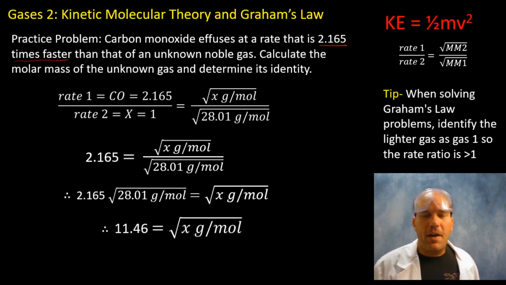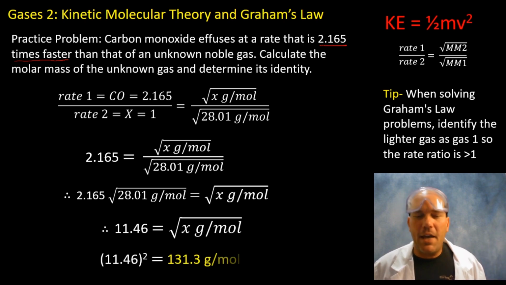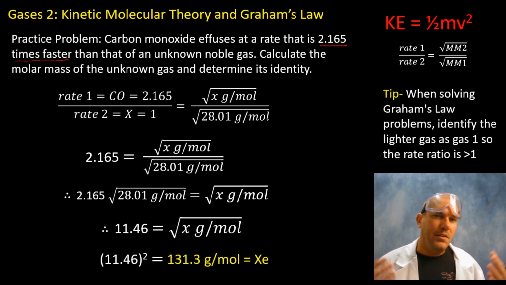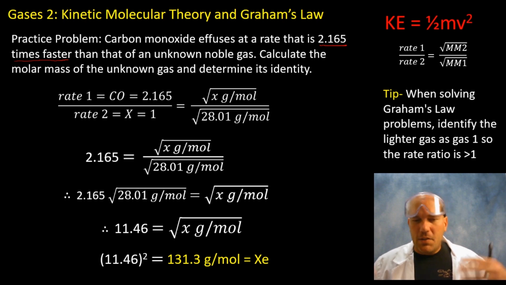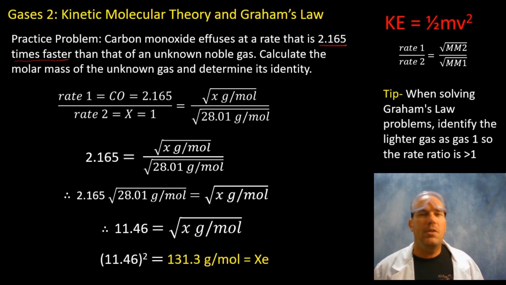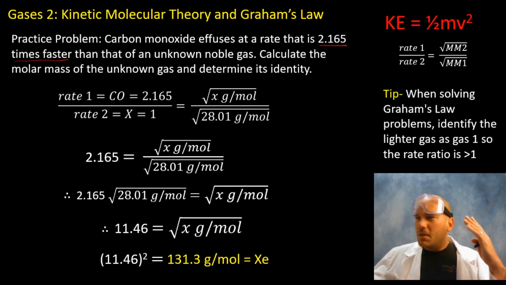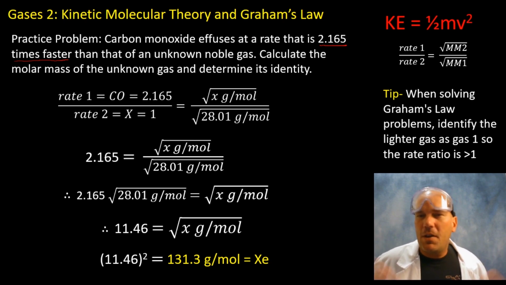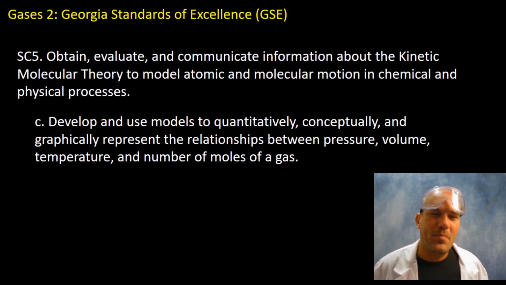Algebraically, we're squaring both sides to get x. X is equal to 131.3 grams per mole. Looking on the periodic table, you can find the identity of this unknown gas. Therefore, we can find that our unknown gas is indeed xenon.